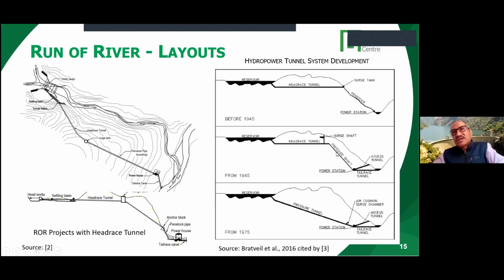You see, for a headrace tunnel over here, the water is from this reservoir. The water flowing in this tunnel is under pressure. When I say it is under pressure, it is basically that the water is flowing full, so it's like a pipe flow.